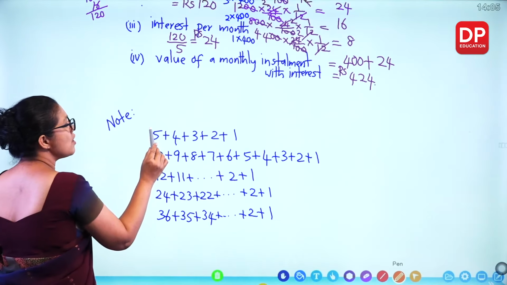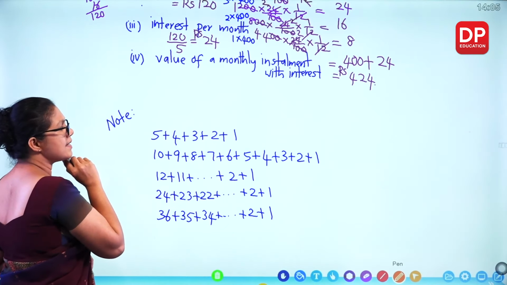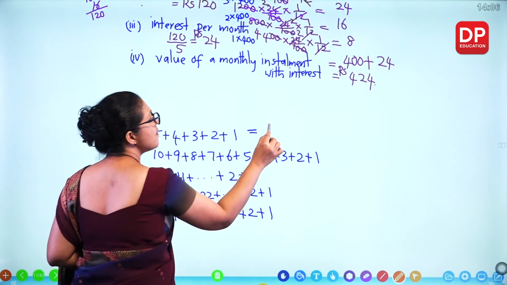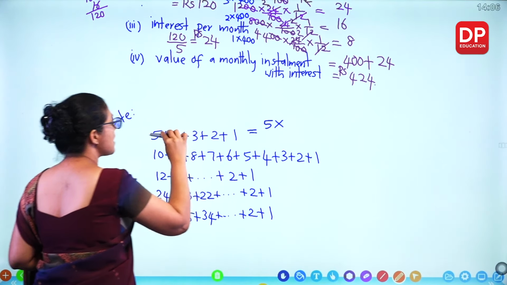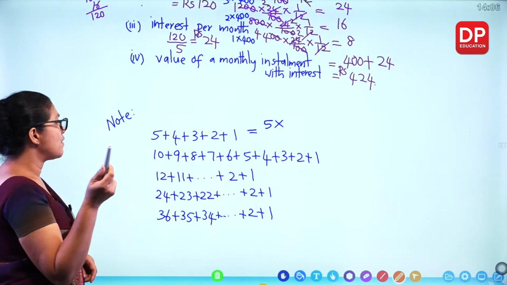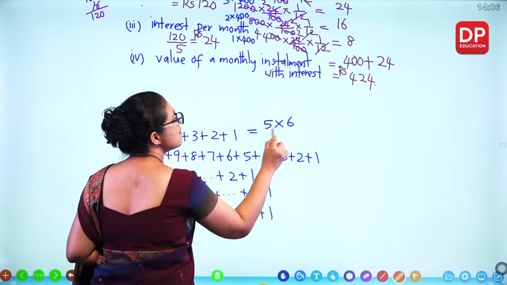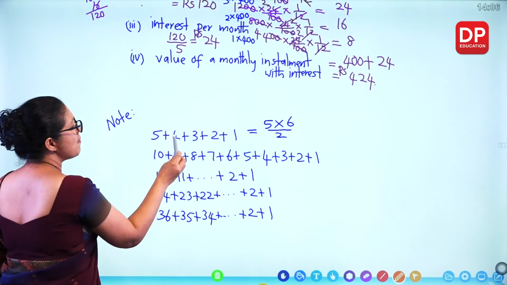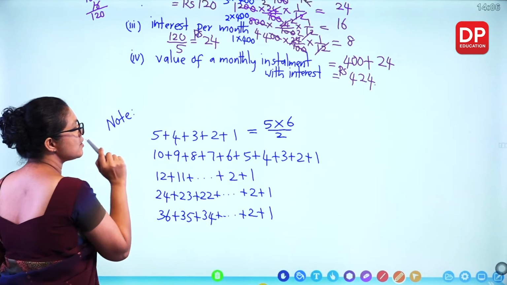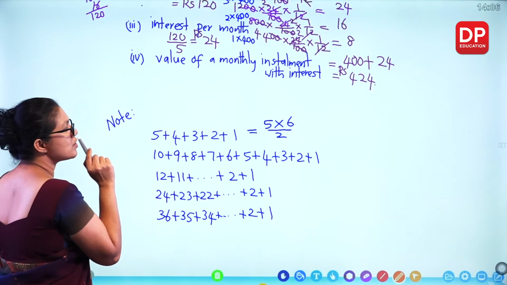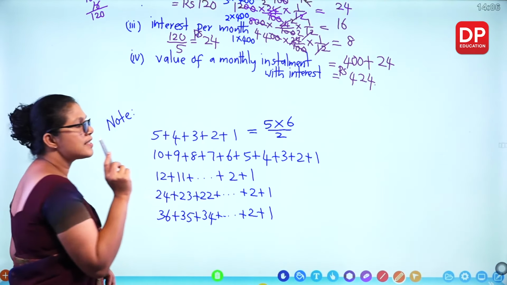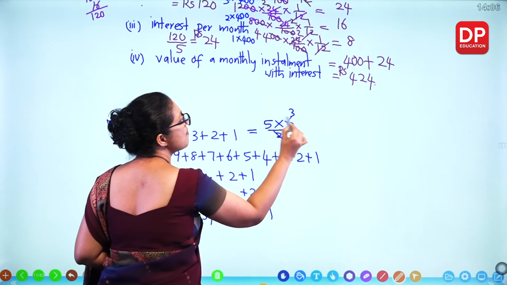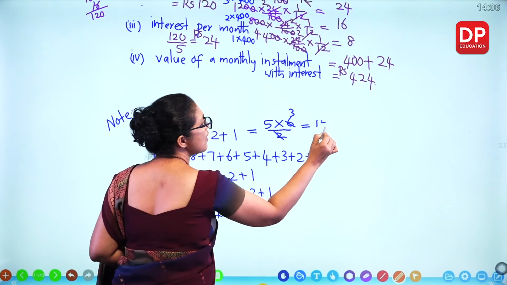When you are adding numbers like this, you can rewrite this as 5 times, we add one more to that, 5 plus 1, 6, divide by 2, you get the same answer. Adding: 5 plus 4, 9, 9 plus 3, 12, 12 plus 2, 14 and 1, 15. The answer is 15. Now we'll see whether we get 15 with the method: 5 times 6 is 30, divided by 2, you get 15.